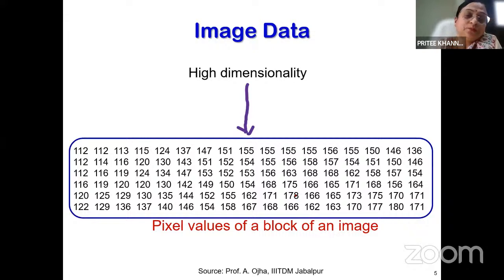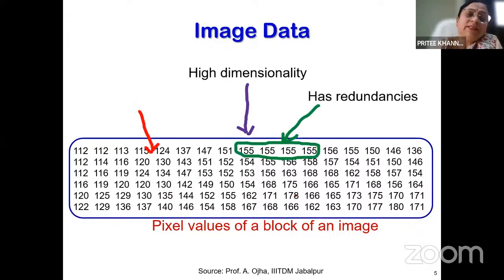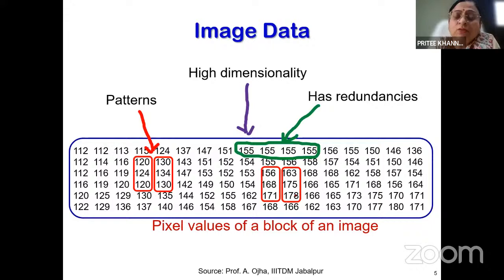But it has redundancies, and you can see these redundancies here, and it also has certain patterns. So what is our task? We want to develop techniques so that we may take care of these redundancies, and using these redundancies, we can deal with the issue of high dimensionality, and then we can identify patterns.